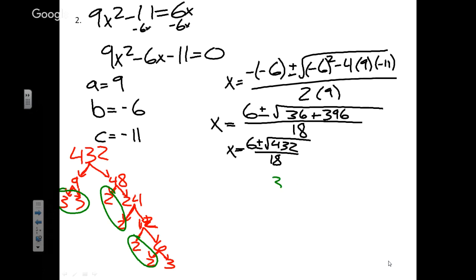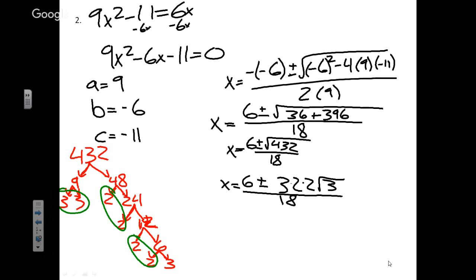So we have 3 times 2 times 2 times the square root of what was left. Yeah, it was just a 3. And then we have 6 plus or minus that divided by 18.